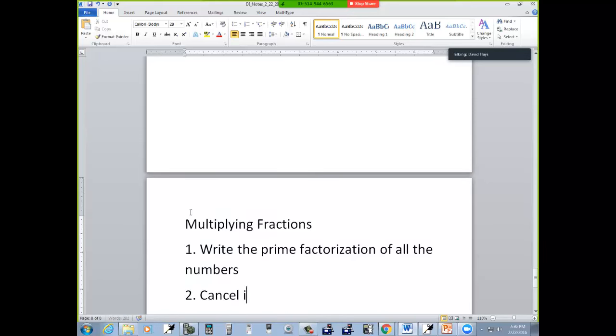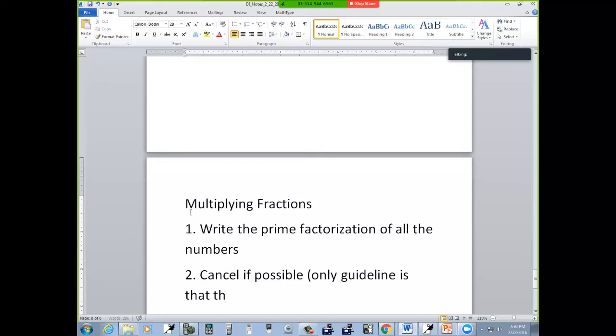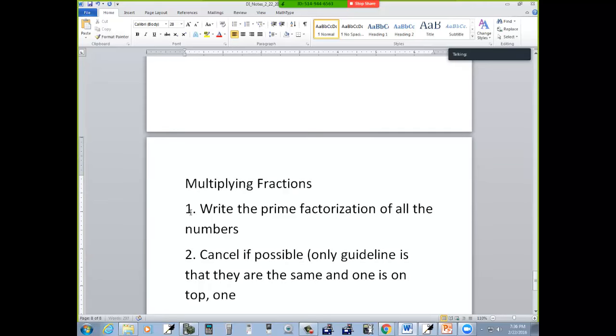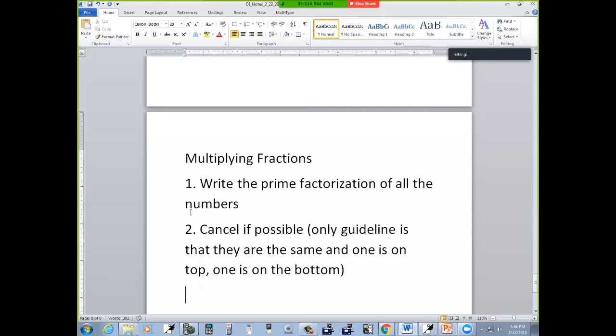Step 2, cancel if possible. Only guideline is that they are the same, and one is on top, one is on the bottom. And then step 3, multiply the tops, numerators, and multiply the bottoms, the denominators.